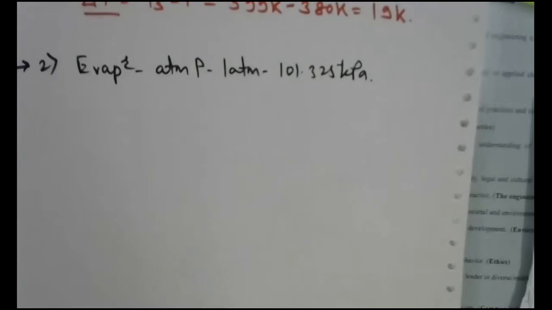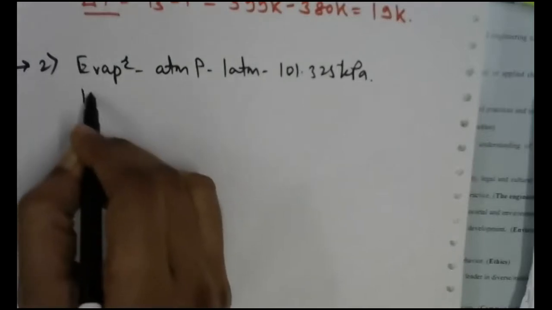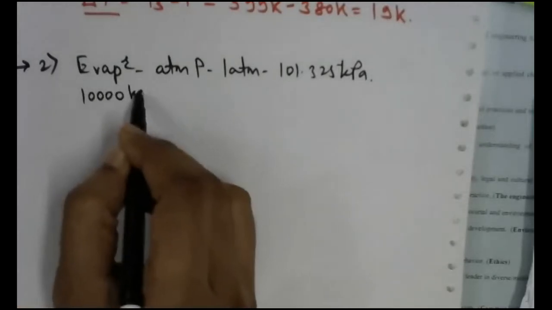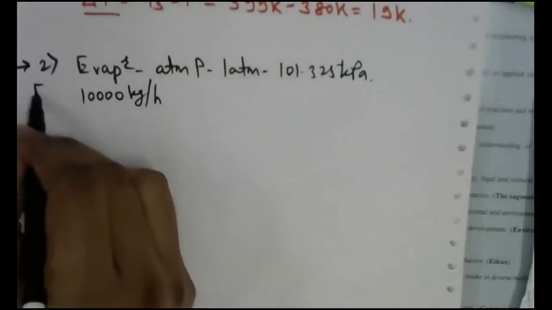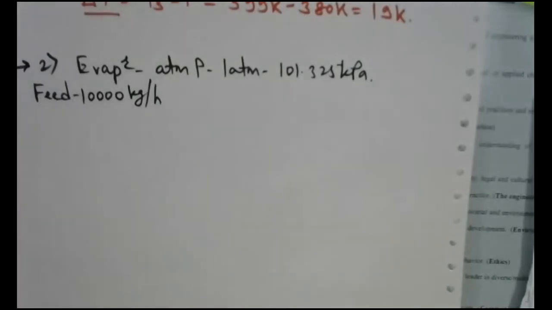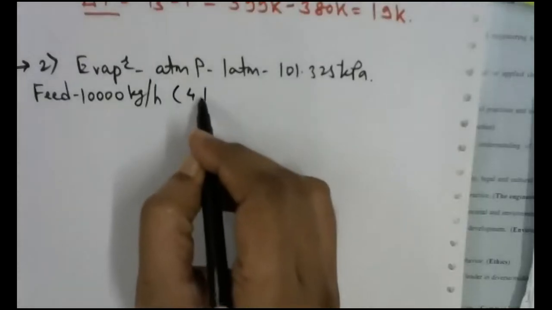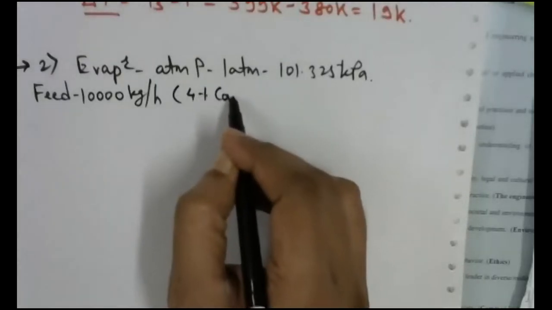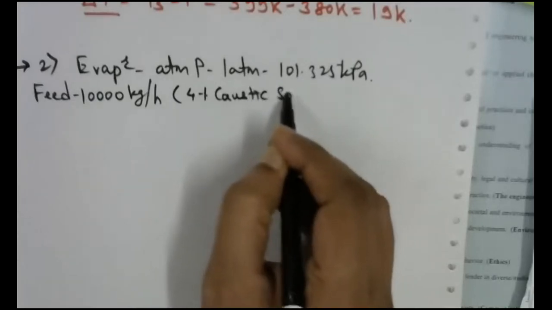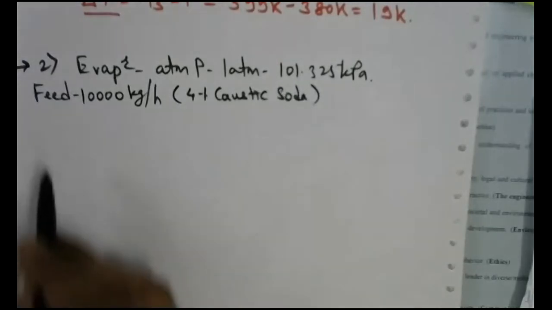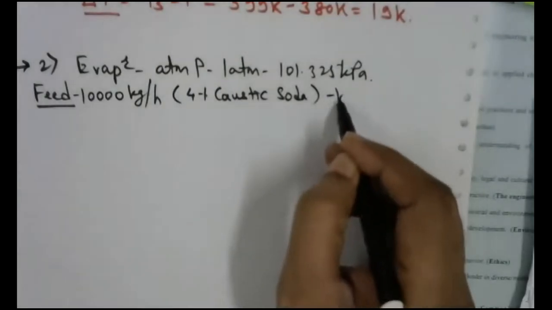It is fed at the rate of 10,000 kg per hour. Fed means the feed mass flow rate is 10,000 kg per hour, of weak liquor containing 4% caustic soda. So the concentration is 4% caustic soda, and this is the feed, the weak liquor.